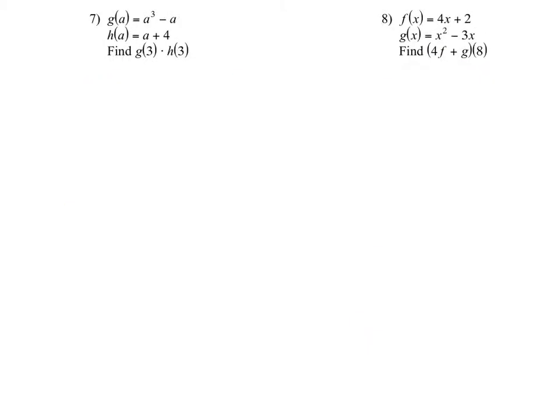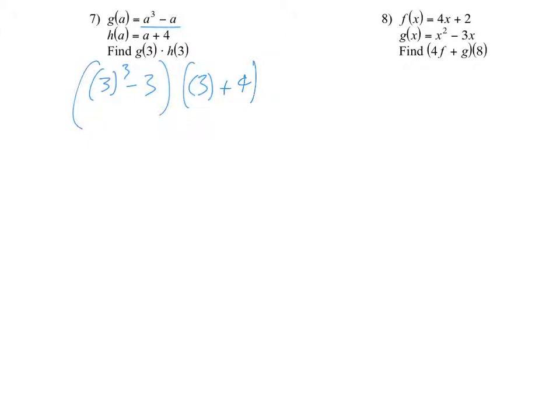So this problem is asking us to find g of 3 times h of 3. Again, the first thing we want to do is figure out what g of 3 and h of 3 are, and then multiply them. So g of 3 is, taking the g function up here, 3 cubed minus 3. That would be g of 3 times h of 3, which is 3 plus 4.